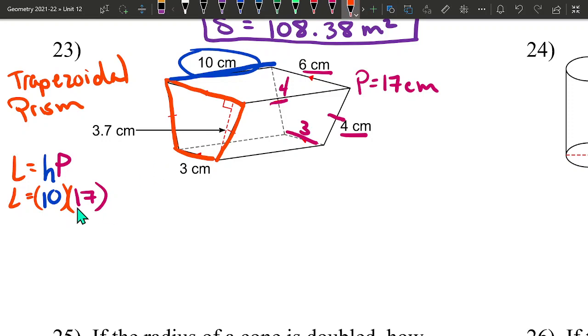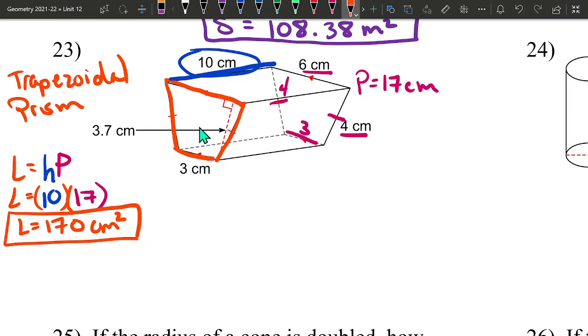So I have 10 times 17, so L equals 170. These are centimeters, and I'm talking about area, so I have centimeters squared. And that's the lateral surface area, the area of the sides.